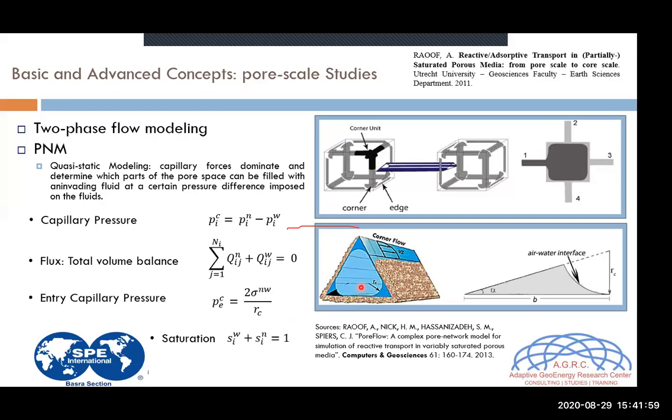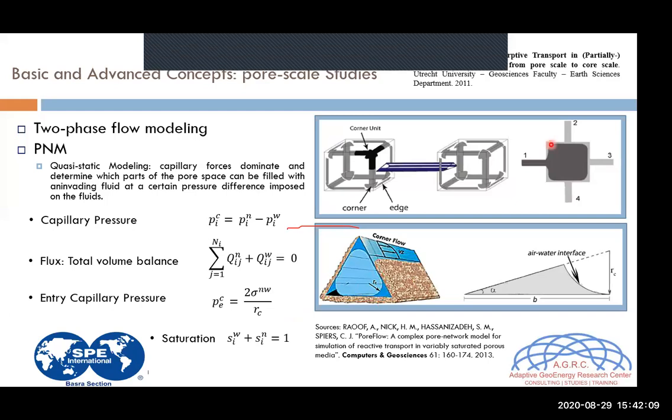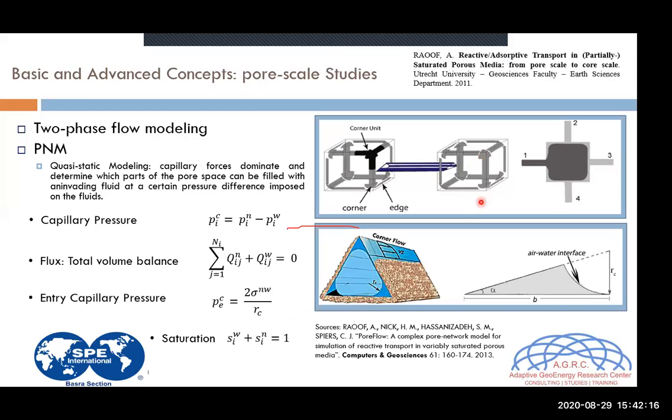Yeah? In this case here, we are working with a triangle here. You can see there are some corners here. And also the pore bodies have a different shape. It's not a spherical shape. Yeah? It's like a cuboid or a cube that has these kinds of corner angles as well. And there's an interface here, as you can see, yeah? Between two different fluids. This is one of the possible approaches.